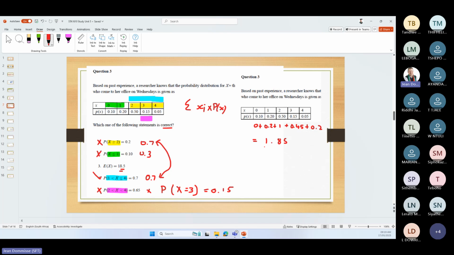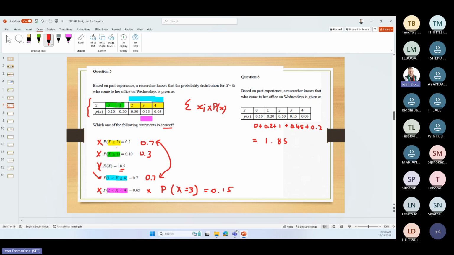So again, just showing you guys, for me, that's sometimes just easier to write it out instead of working it out a different way, or I just write it with a table, so that one can easily get to that. Okay, so that is why option 3 is also wrong. So with the discrete questions in the study unit, very clear, you will get this table, and then they ask you a few things around it.